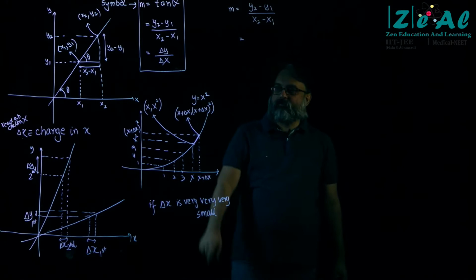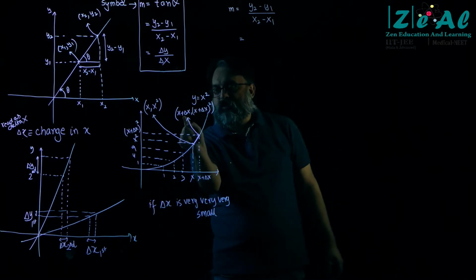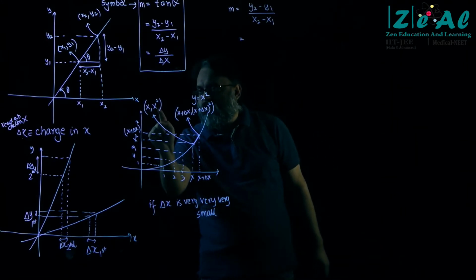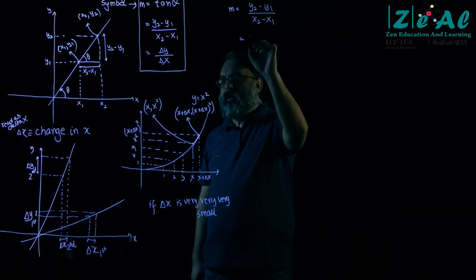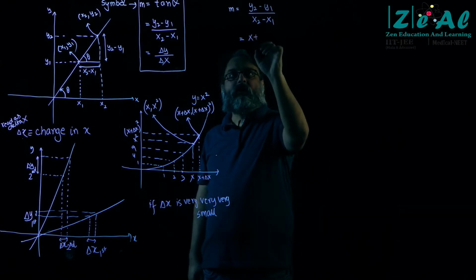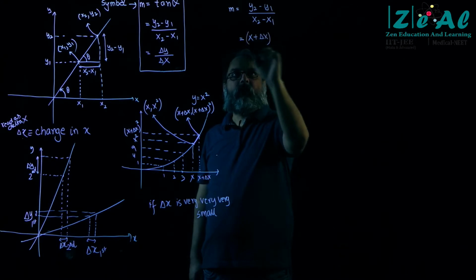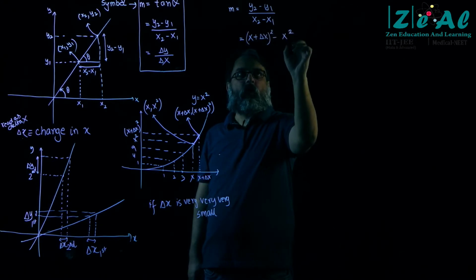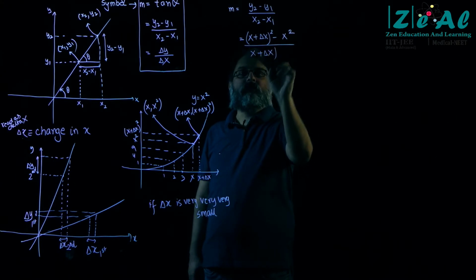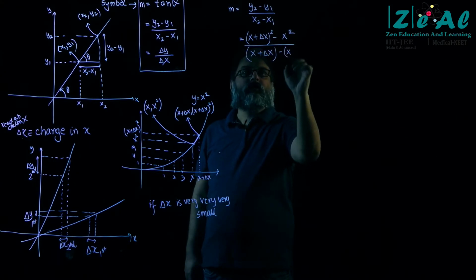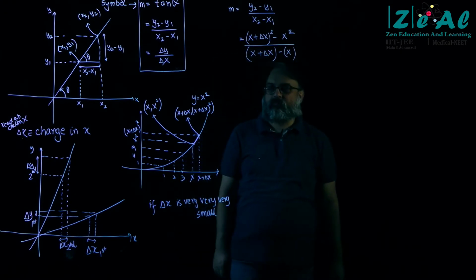So this is x2, this is y2, this is x1, this is y1. Let's place this in the formula, and I get y2, which is (x plus delta x) whole square, minus y1, which is x square, divided by x2, which is x plus delta x, minus x1, which is x.